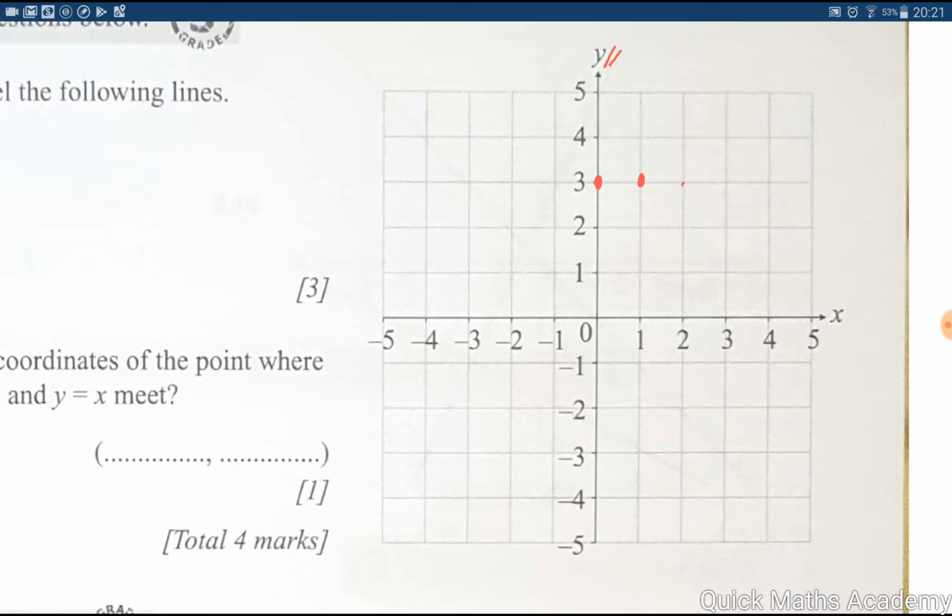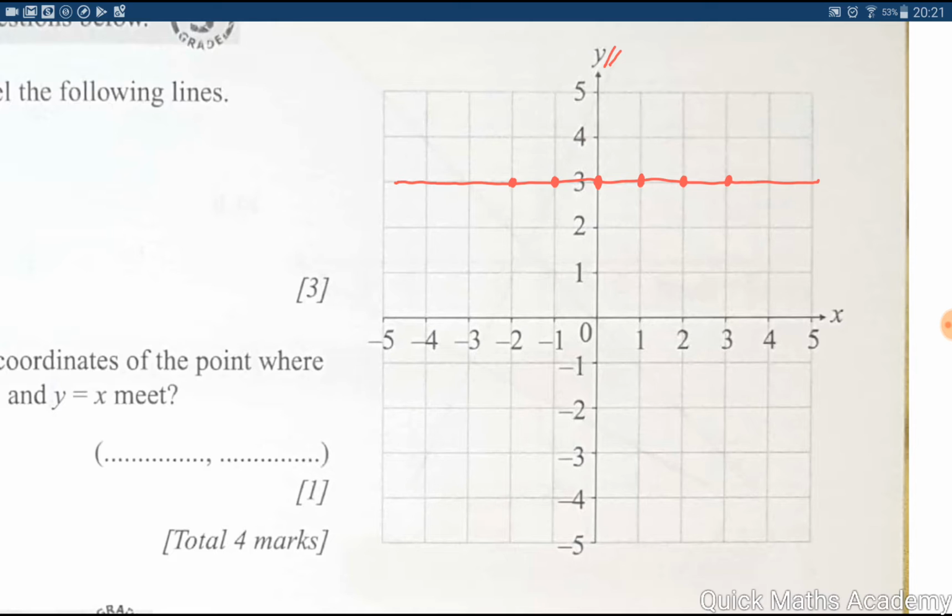And in here, 2, 3, 4, 3, and so on. On the other side of the y line, I have -1, 3. I have -2, 3, and so on. Okay, so you can see that all the values of this line have the second coordinate 3.